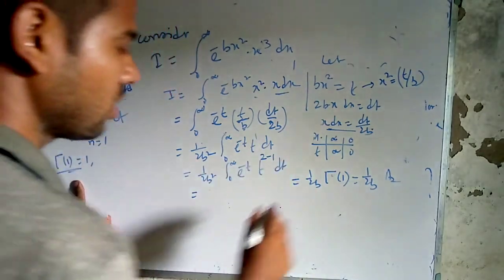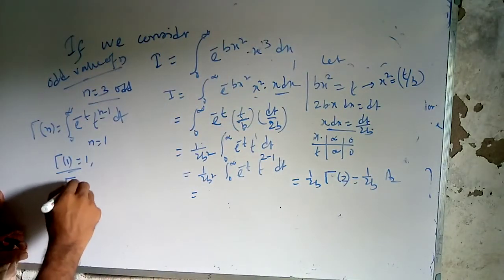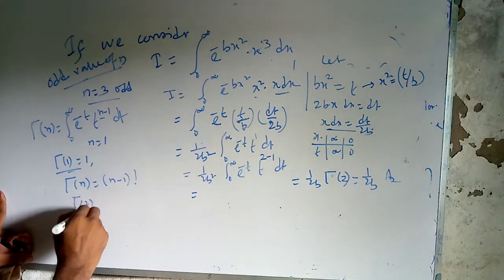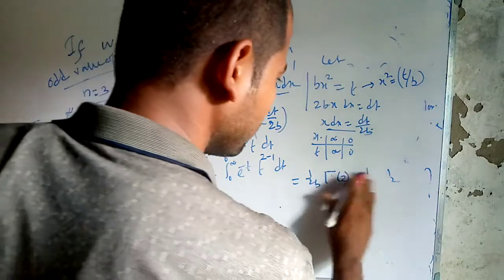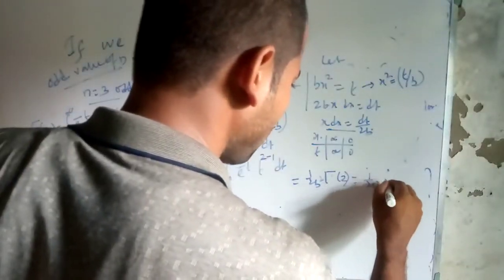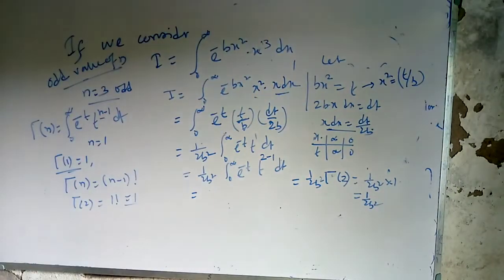This is gamma function of 2. Again, gamma function of n equals factorial of n minus 1, so gamma function of 2 is factorial 1, which equals 1. So the result is 1 by 2b squared.